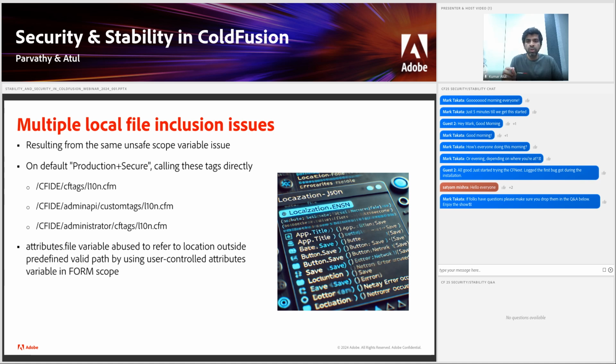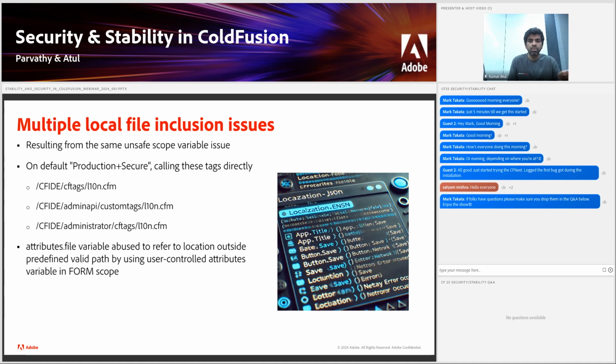We look for an attribute dot file parameter, and if the call to these CFMs comes from the proper channel and the file value is empty, it throws an exception or does proper validation. However, if the call is made directly to these CFMs, it bypasses that check.